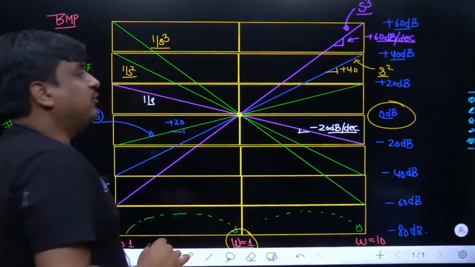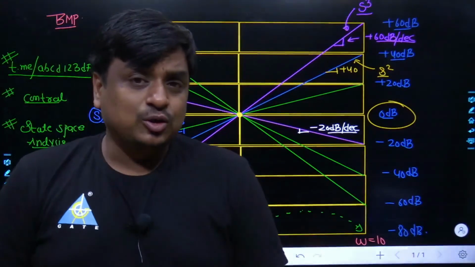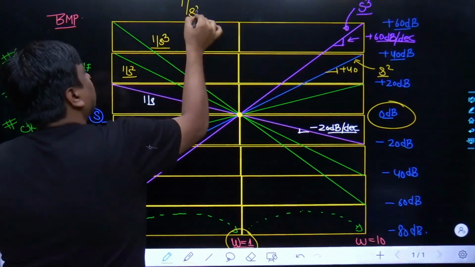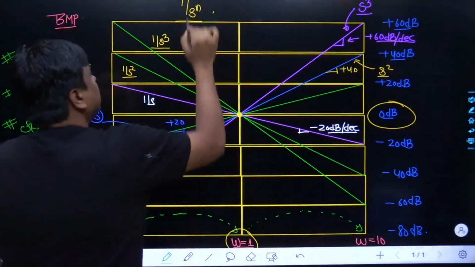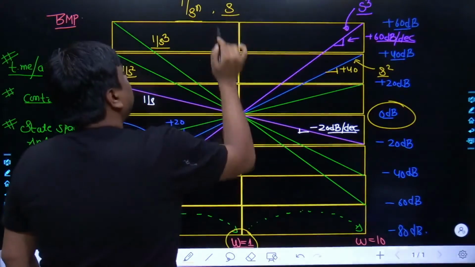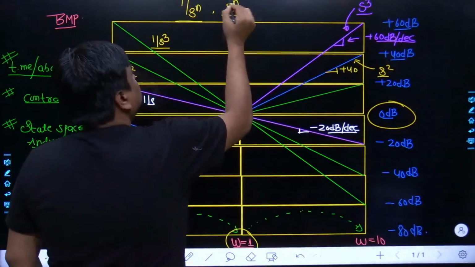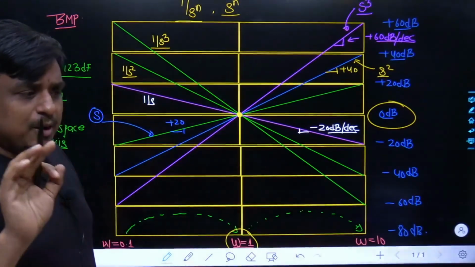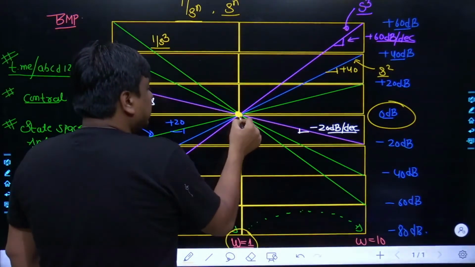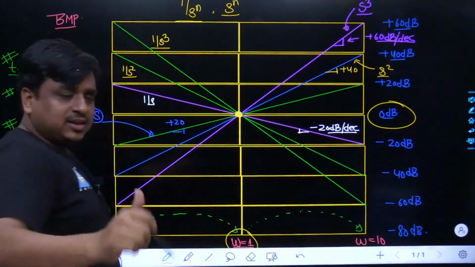I repeat, if you have a factor like 1 upon s, 1 upon s square, 1 upon s cube, 1 upon s to the power of 4, or in general 1 divided by s to the power of n, where n is a natural number, or factors like s square, s to the power of 3, s to the power of 4, or in general s to the power of n, again where n is a natural number, keep in mind they all intersect on the Bode plot at the same point, omega equal to 1, and that is 0 dB.